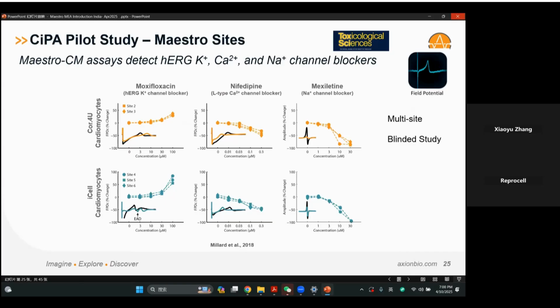The Maestro reliably detected the field potential duration prolongation for the hERG potassium channel blockers, the FPD reduction for calcium channel blockers, and spike amplitude reduction for sodium channel blockers across sites and cell types.